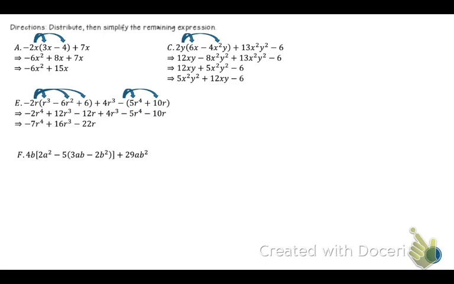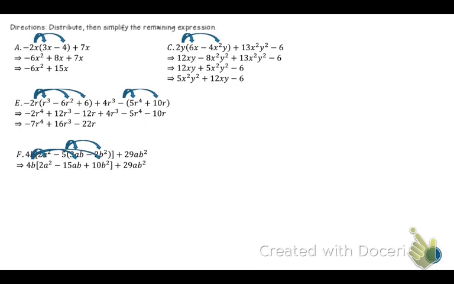Let's do this one. We have a double parenthesis here, so you always work inside out. So we're going to start by distributing that one. So everything else falls down. So 4b bracket 2a squared minus 15ab, and then plus 10b squared from that negative 5 bracket plus 24ab squared. Now that 4b is going to distribute into there.